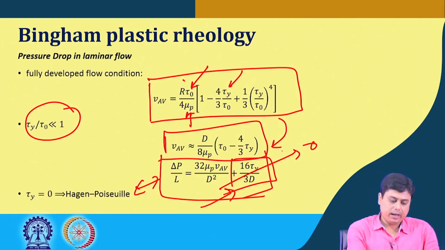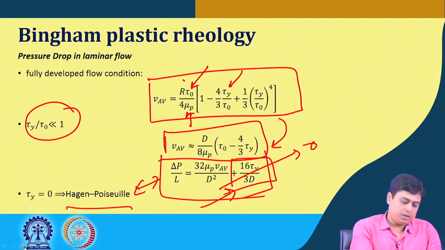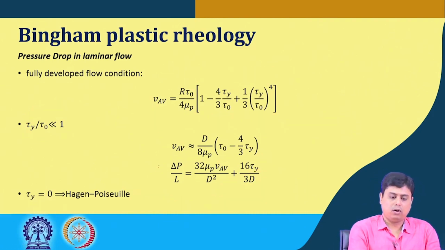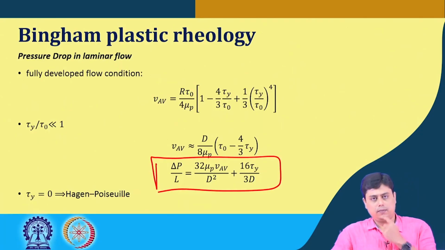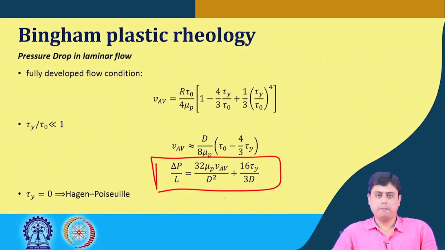So, it falls back to the Newtonian liquid pressure drop calculation. So, the expression for Bingham plastic pressure drop calculation in laminar flow is this one that you have to remember.